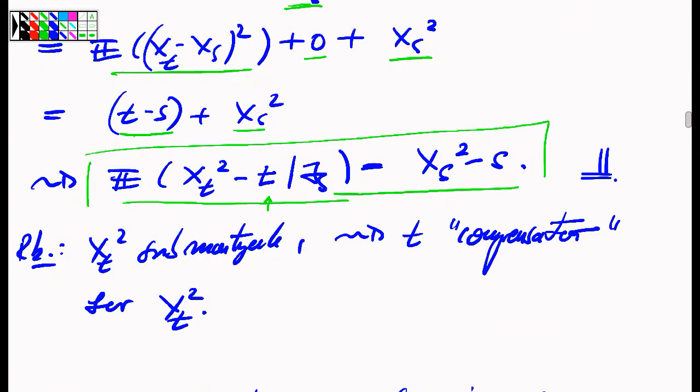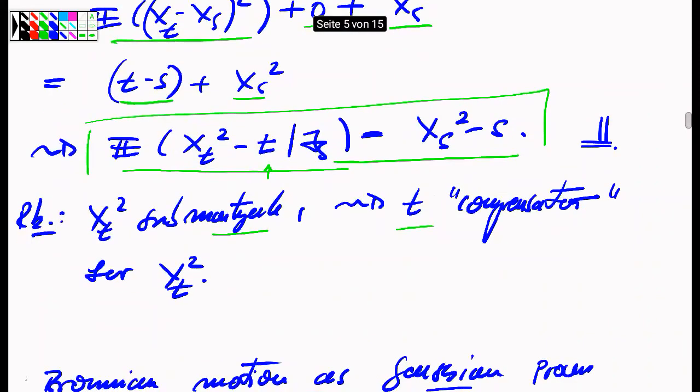As I just said, we know by abstract arguments that Xt squared must be a submartingale, and this t process is therefore called the compensator because it's a process which I need to subtract in order to get a martingale back. So this is in a way like a decomposition.